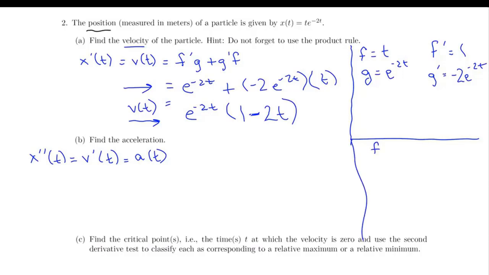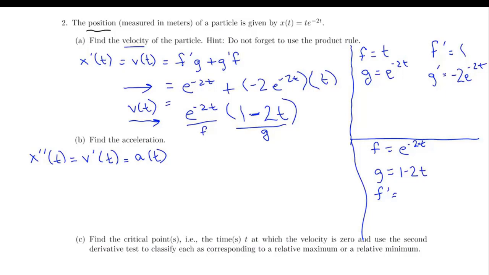I have f and I have g. What can I make f? Would it be e to the negative 2t power? And what would g be? 1 minus 2t. This is f. And this is g. Because what we have is f times g. So what's the derivative of f?